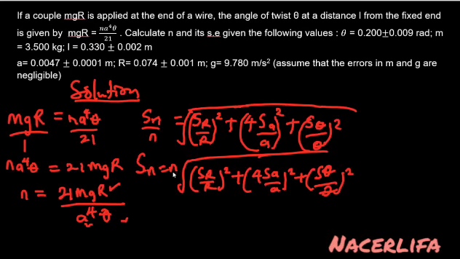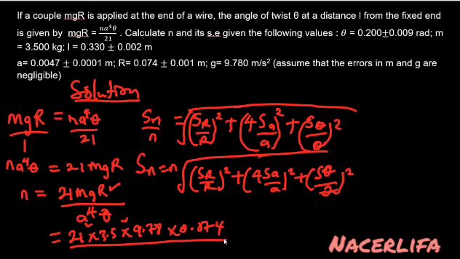How do we find our N? From what we have done, we know that N will be 21 times the actual value of the mass given, which is 3.5. So we have 3.5 times R, the actual value of R is 0.074, upon A, the actual value of A is 0.0047, taken to the power of 4, times theta.